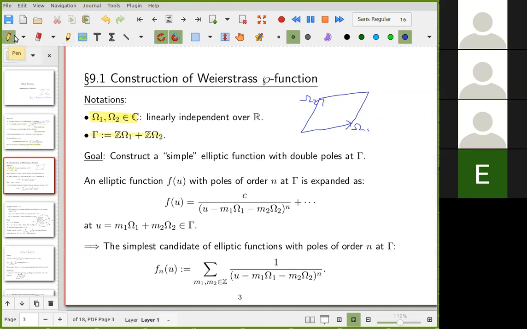And we construct an elliptic function which has double poles at the lattice points of Gamma.